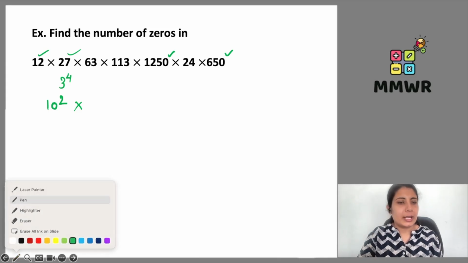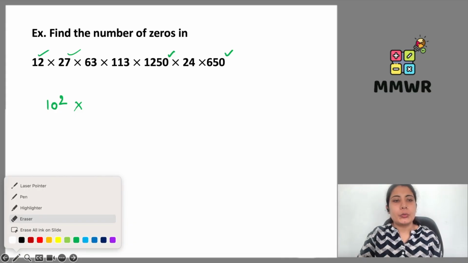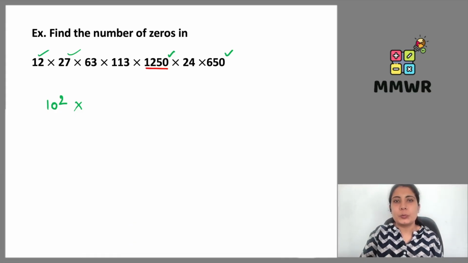And let me rewrite it. Next step. So this 10 to the power 2, I got it from these two places. 10 to the power 2. Now rest of the thing what I will be doing, this 12, which is 2 multiply 2 multiply 3, right? 2 2s are 4, 4 3s are 12.